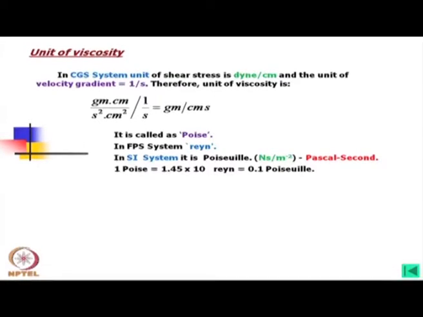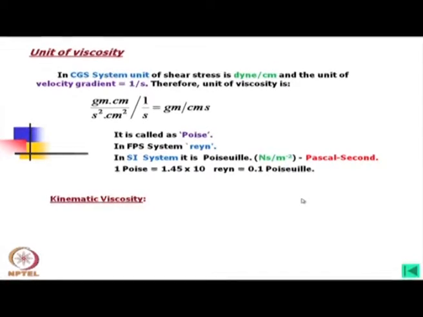In SI systems, which is normally used nowadays, it is Poiseuille, and it is Newton second per meter square, or simply Pascal second. Now, the relation is that 1 poise is equal to 1.45 into 10 to the power minus 5 reyn and is equal to 0.1 Poiseuille.